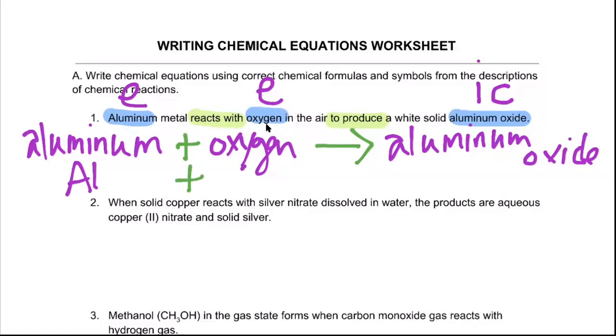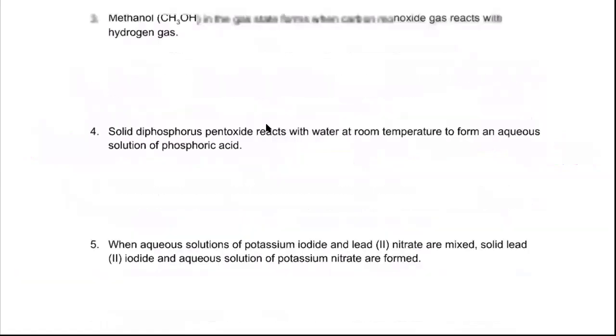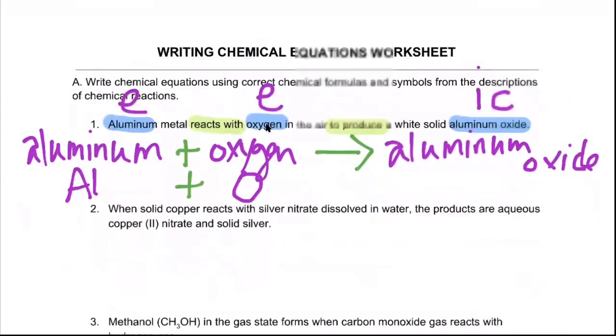Oxygen, from the periodic table, it's O, but there's a catch with oxygen. Does anybody know what it is from the notes? If you've gone through the lesson, it's in the lesson already. Yes, Sarima is correct. Oxygen is one of 7 elements that are a special category.